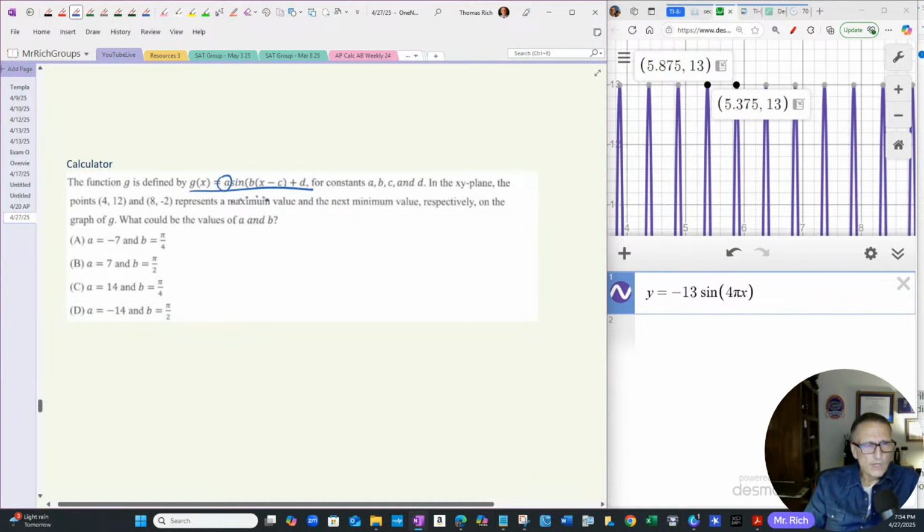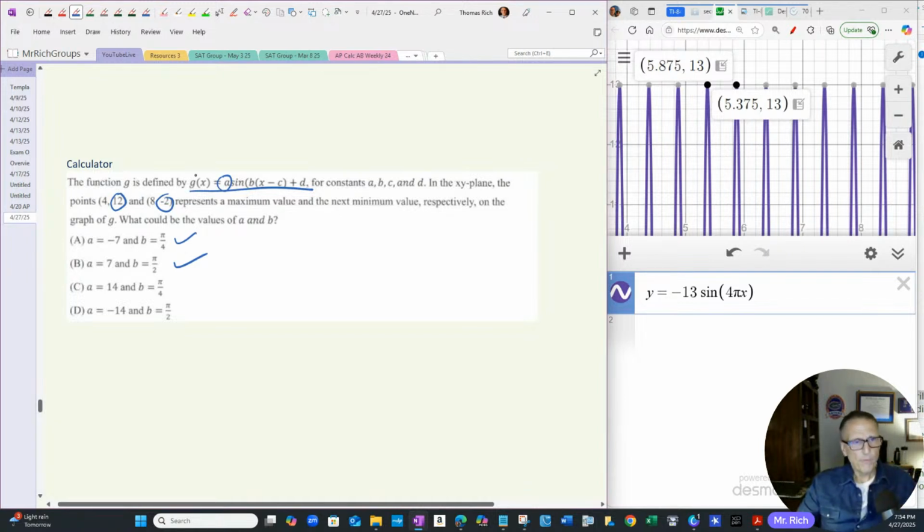So I'm going to find the distance between the y values, which is 14, and divide that by 2. So a could be 7 or -7, because the amplitude would be 1/2 of that distance between the y values on the max and the min.